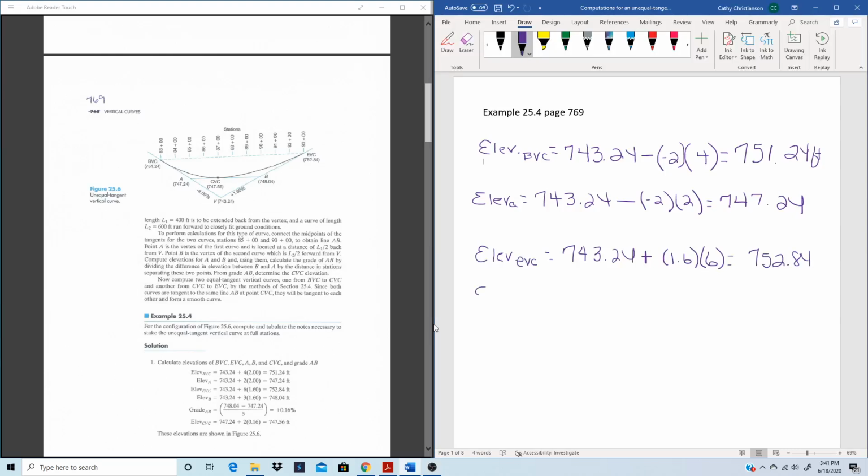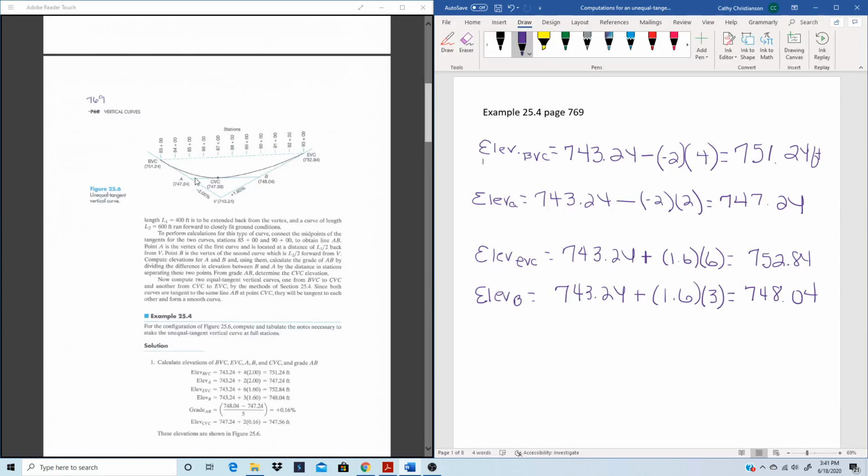And then I want the elevation at B. And so that would be 743.24 plus your 1.6. And then this will be L over 2 in stations. So that would be 3. And you'll get 748.04.